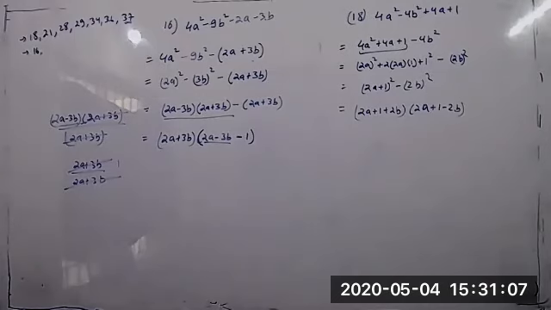Now tell me honestly who all have not done till now. Raise your hand. 3B, who all have not done, raise your hand. Sir, I'm doing 3B.